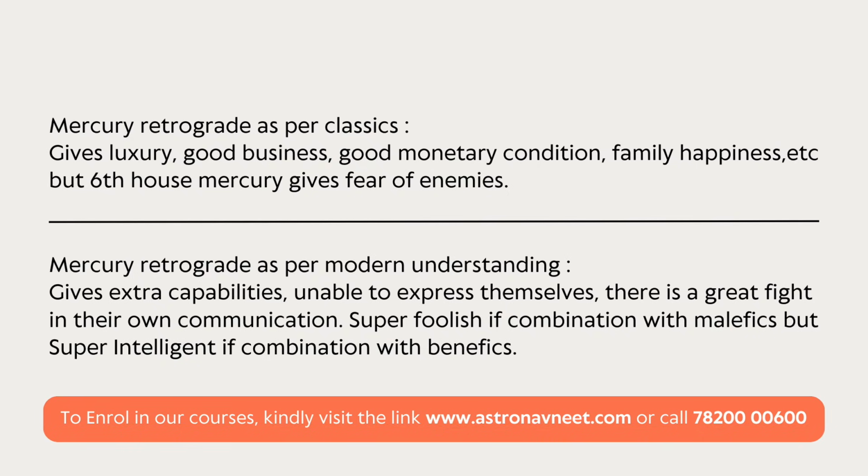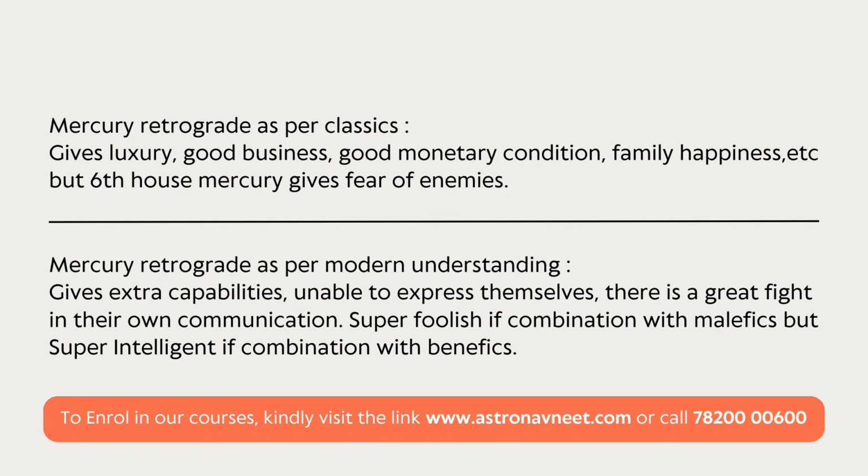But what is the modern definition of Mercury retrograde? First thing, what is Mercury? Mercury is the significator of speech, intelligence. So it will give you extra capability. A retrograde Mercury will give you extra capability.